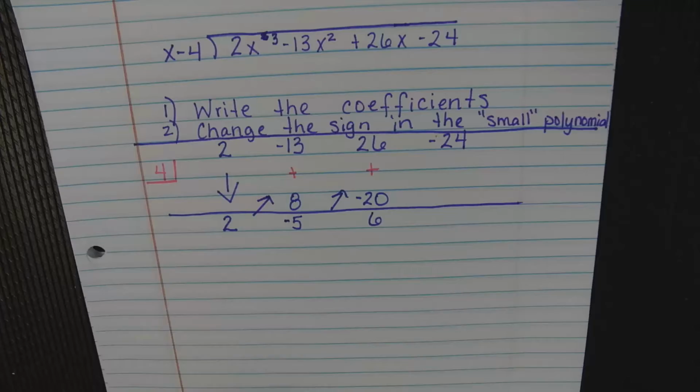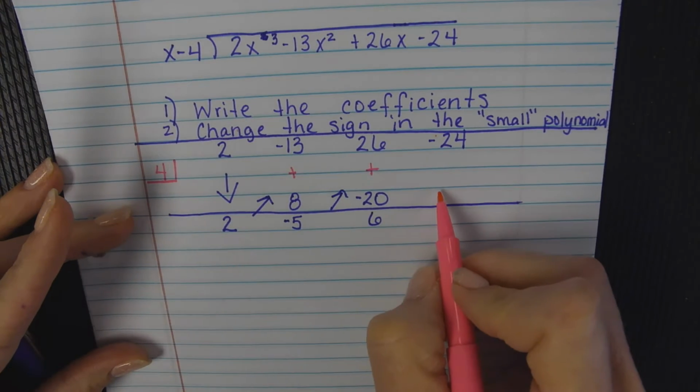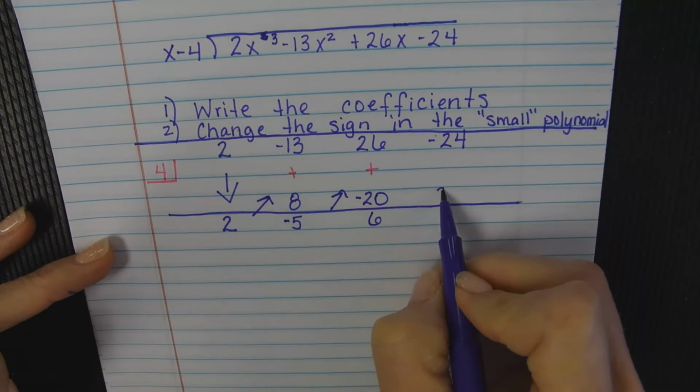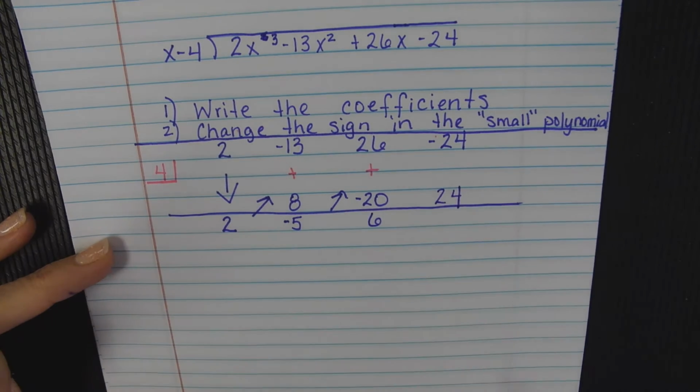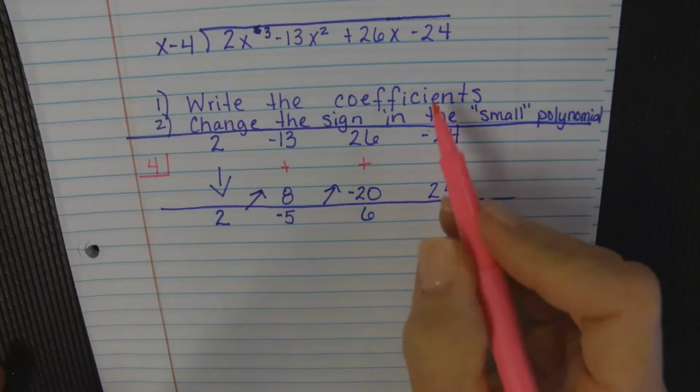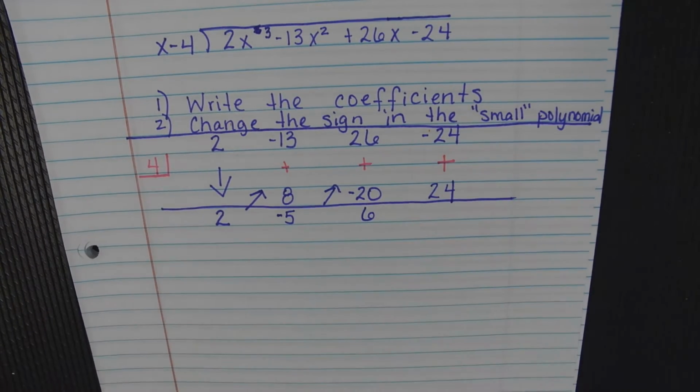Now, what's 4 times 6? 24. Let me redo it: 8 plus negative 13 is negative 5. Negative 5 times 4 is negative 20. Add these together, you get positive 6. 6 times 4 is positive 24.